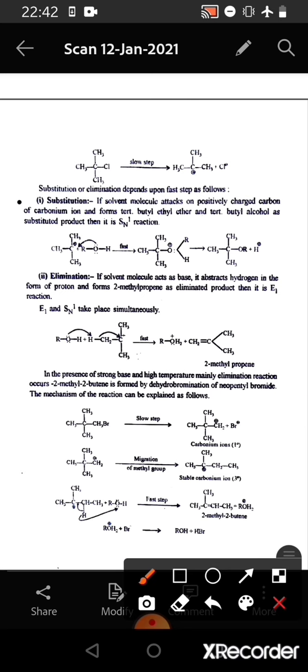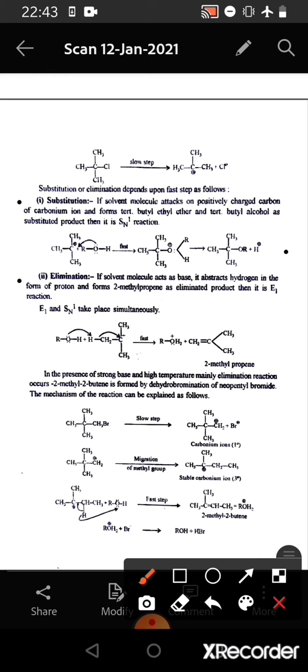If we consider the substitution reaction, then after the formation of the carbonium ion, the solvent molecule attacks the positively charged carbon of the carbonium ion and forms tertiary butyl ether and tertiary butyl alcohol as the substitution product, then it is the SN1 reaction.